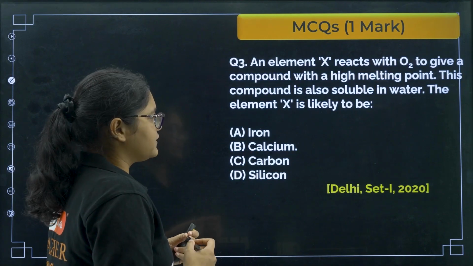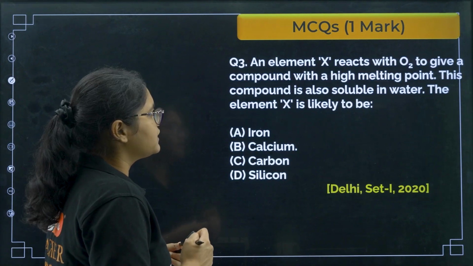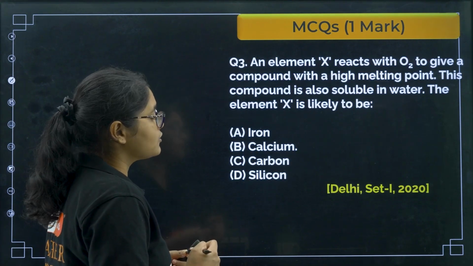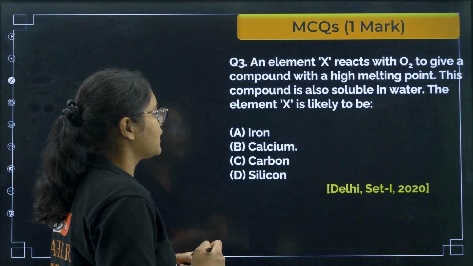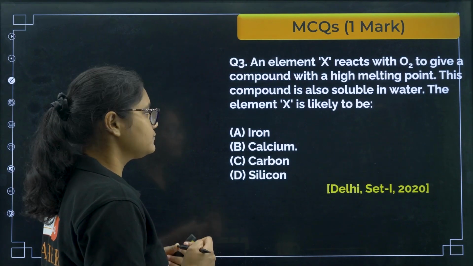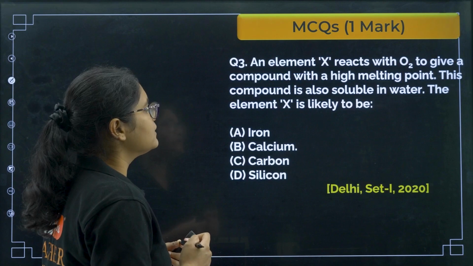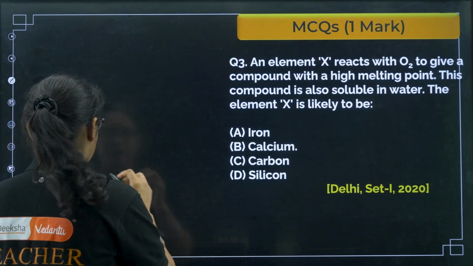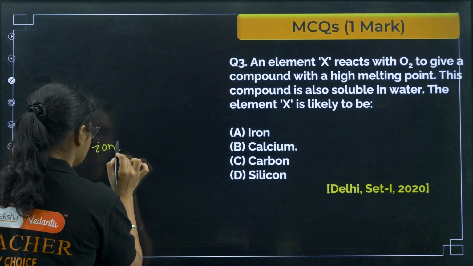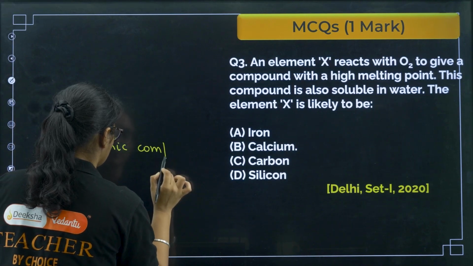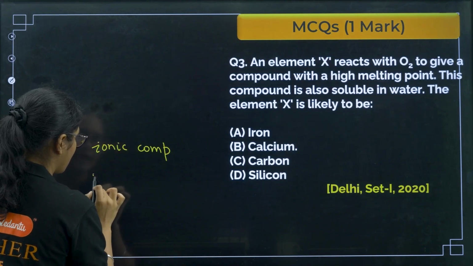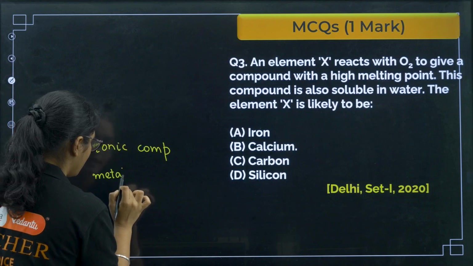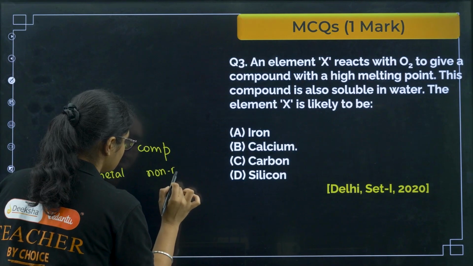Next, an element X reacts with O2 to give a compound with a high melting point. This compound is also soluble in water. The element X is, okay, so high melting point means it should generally be an ionic compound. Ionic compound we have one metal and a non-metal, right?